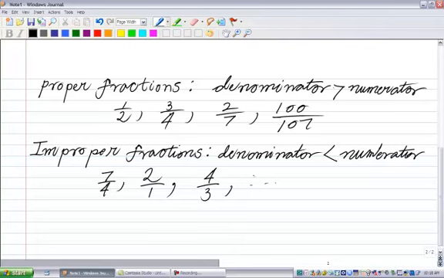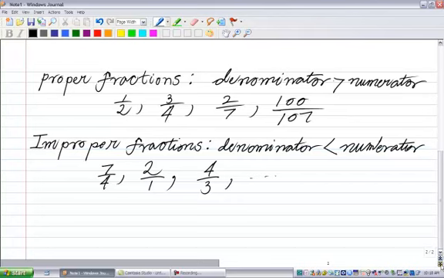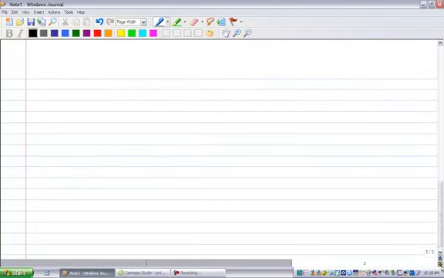Now, why do we use fractions? Because they are useful, right? Why did we want to use fractions? Well, because there was a need for using fractions, and the need grew out of human need a long time ago.